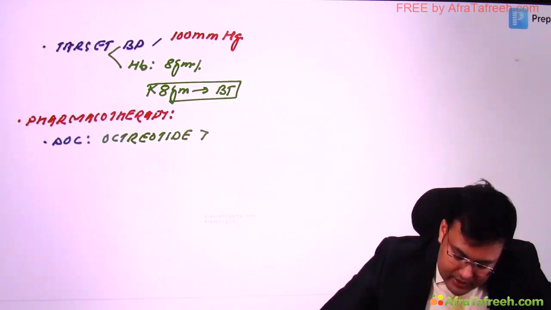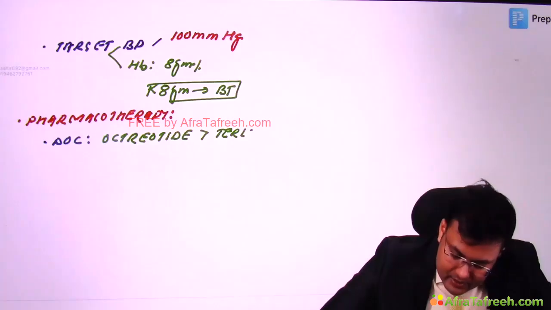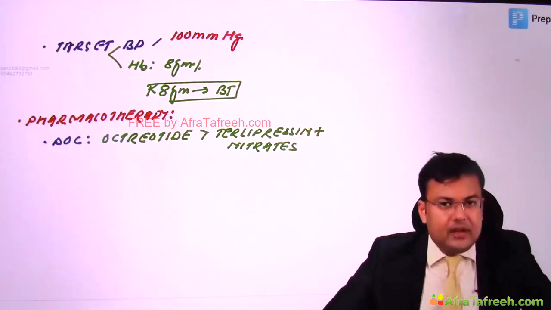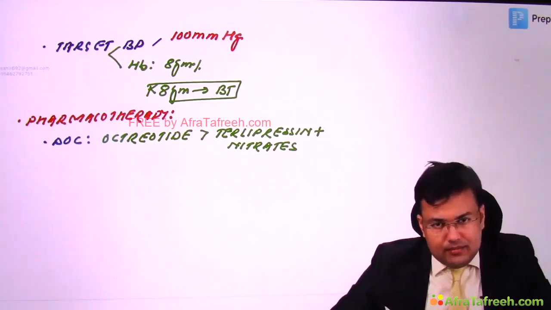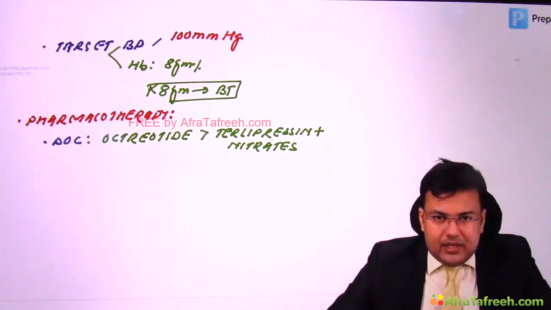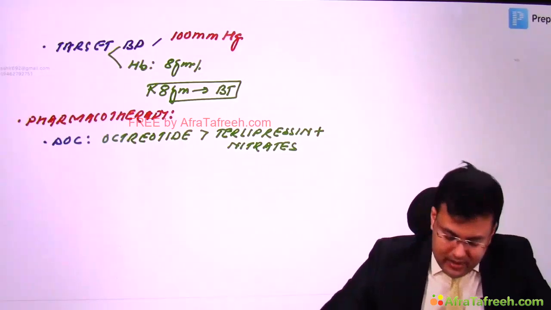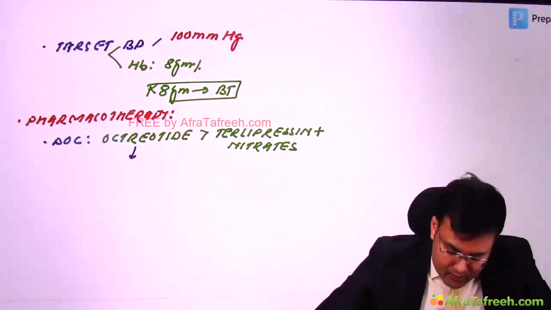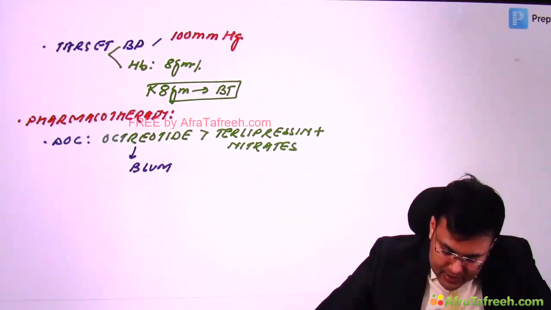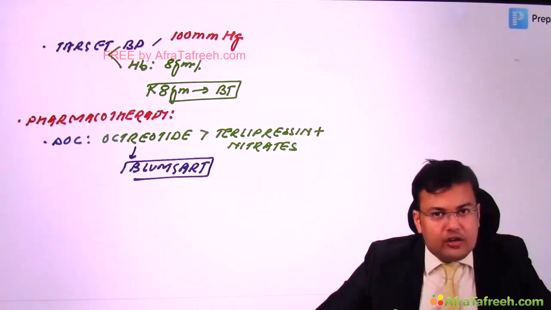The alternative is terlipressin, terlipressin plus nitrates. Simple. Now see, this is a controversial point. In CMDT, the drug of choice given is terlipressin, and in Blumgart it is octreotide. Blumgart is the Bible of hepatobiliary pancreatic surgery, and we will go for octreotide.